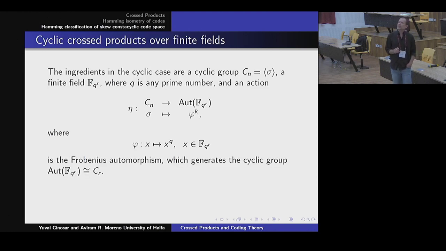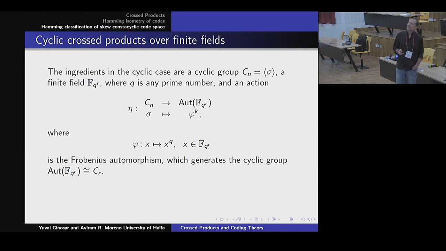Okay, in this case, we have a cyclic group, Cn, generated by sigma, acting on a finite field. This is the most usual base ring that people take in coding theory. A finite field of size q to the r, where q is a prime number.